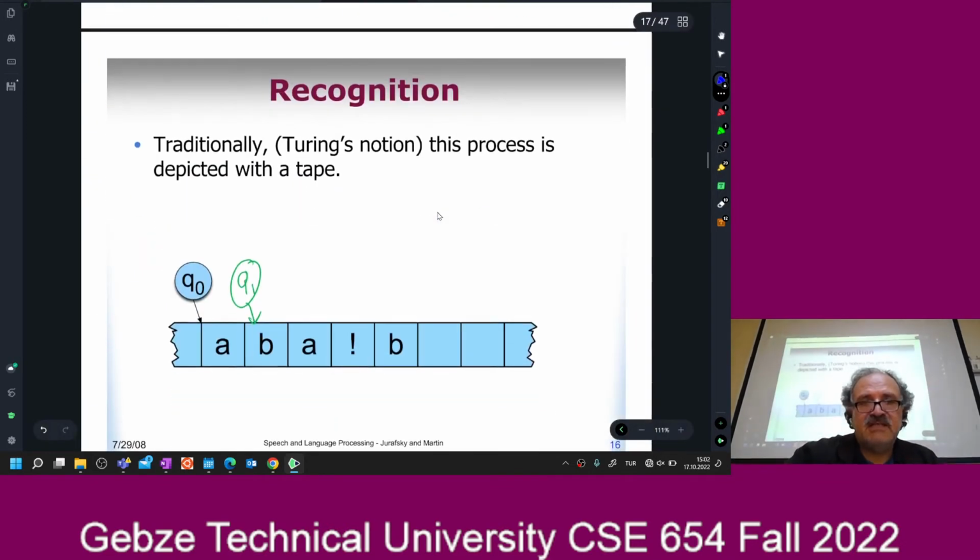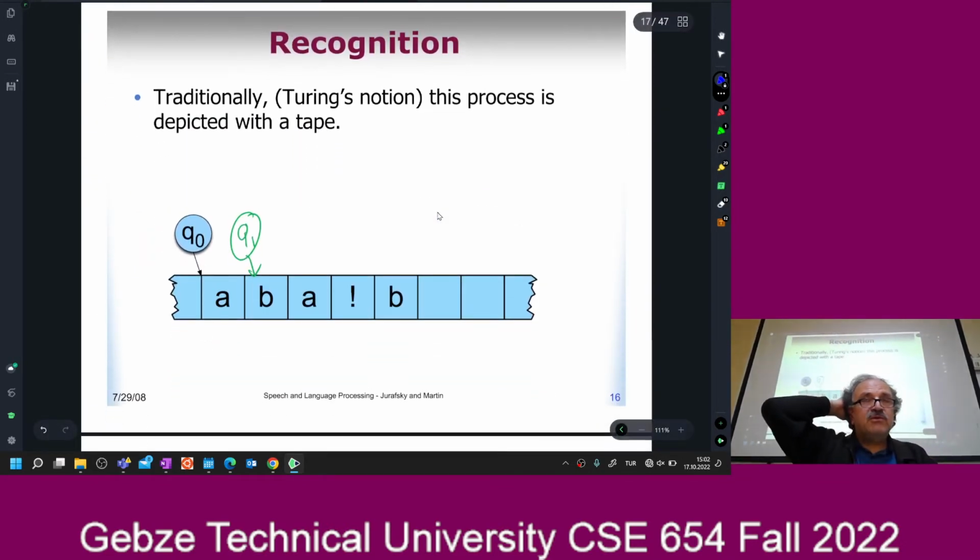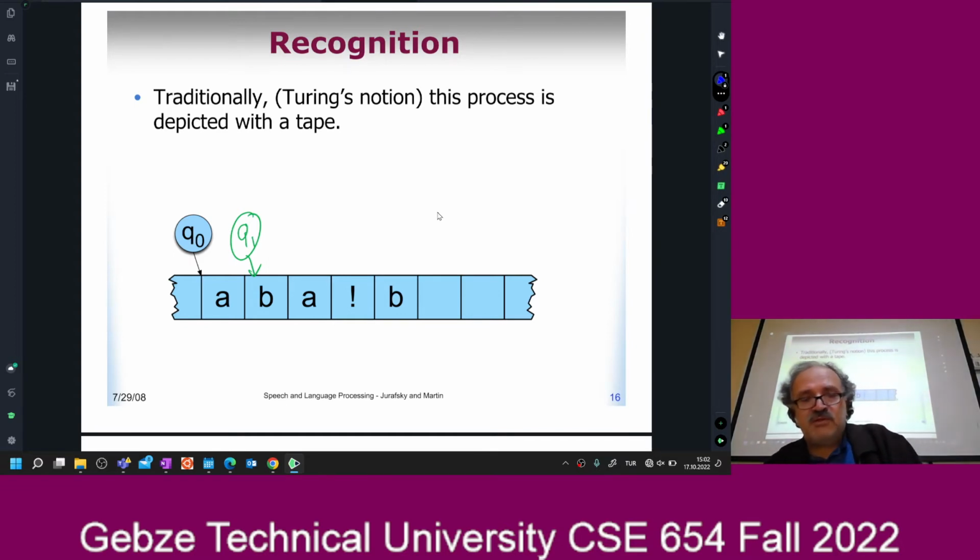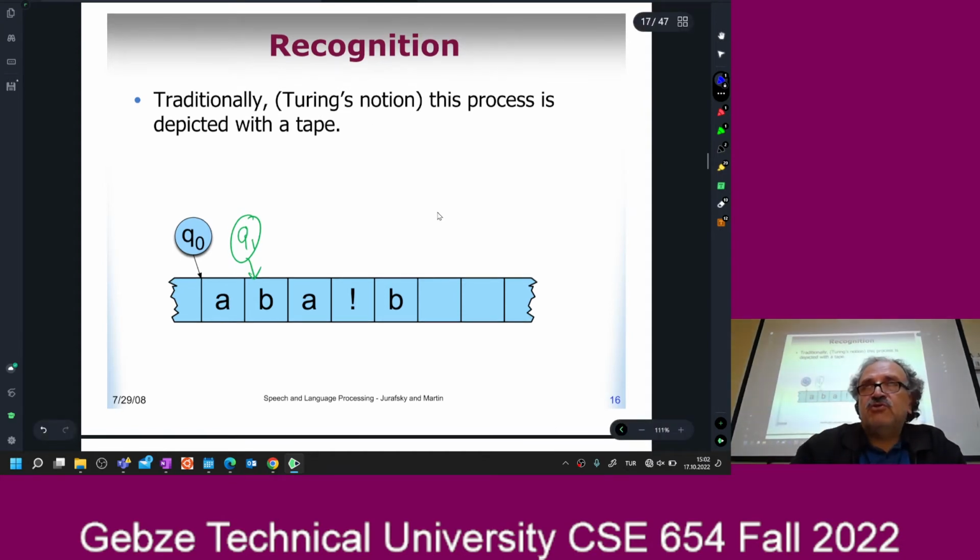Recognition is simply this. Usually the theory of computer science people try to represent whatever they have in Turing notation, so that you can say this is something computable or there is no way to compute this.